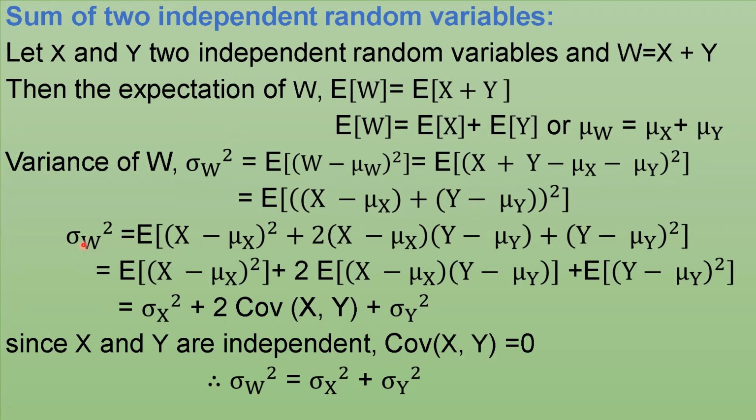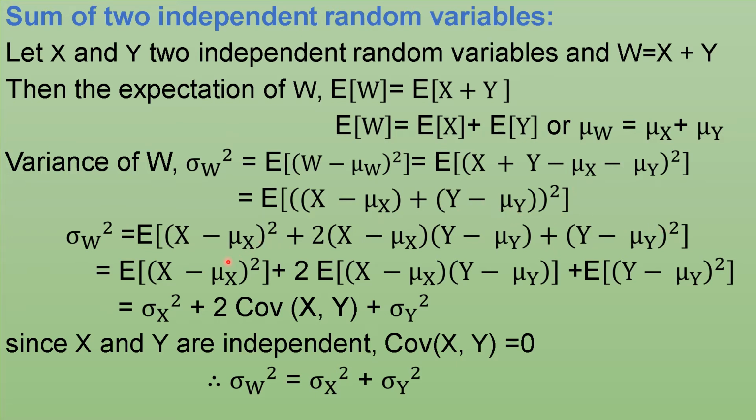So the variance of W, sigma W square, is the expectation of x minus mu x whole square plus 2 times x minus mu x into y minus mu y plus y minus mu y whole square, using a plus b whole square equals a square plus 2ab plus b square.